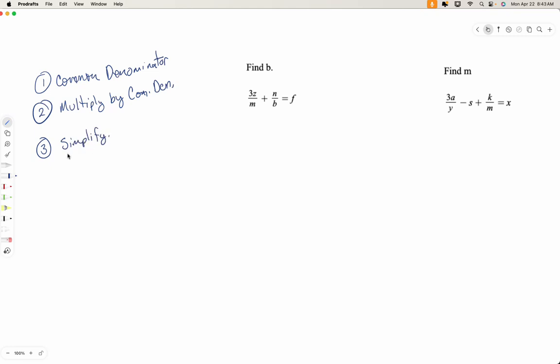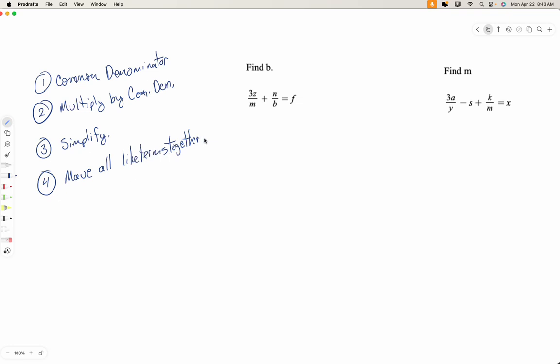And once we simplify, we can get to a point where we can move all like terms together to one side or another, okay, depending on where they are.